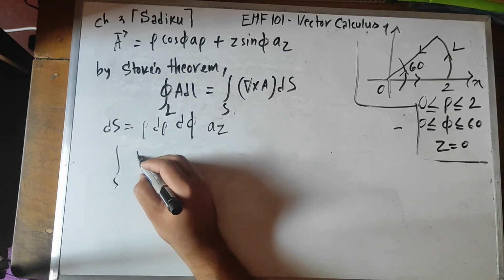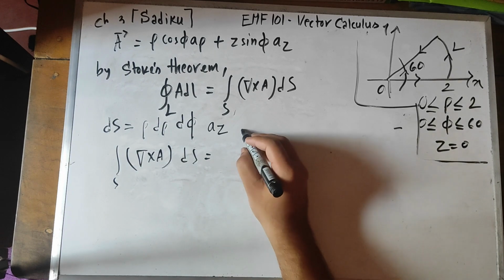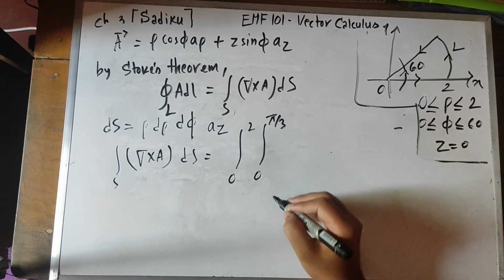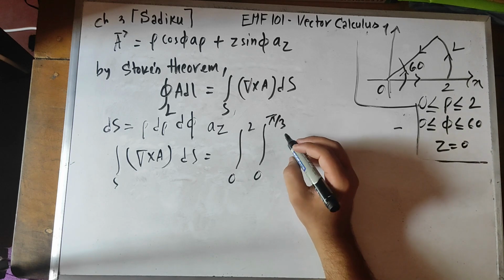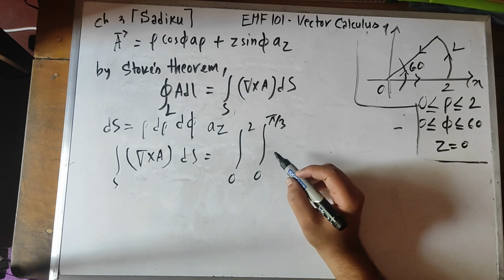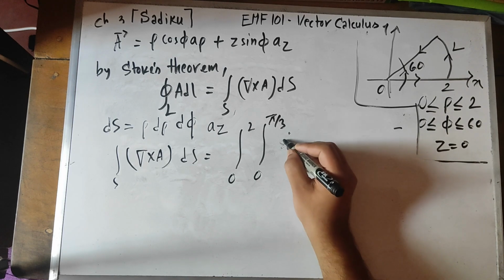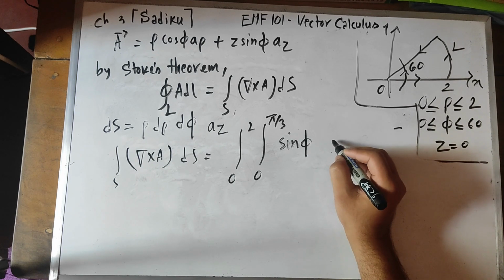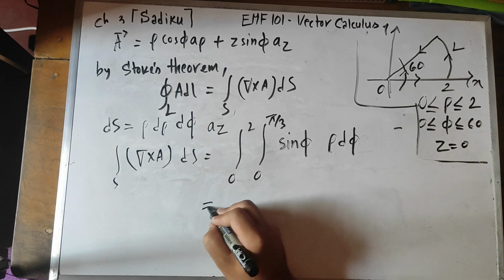The surface integral of the curl of the vector dotted with dS runs from 0 to 2 for ρ and 0 to π/3 for φ, and the z component of the curl is sin φ, times ρ dρ dφ.